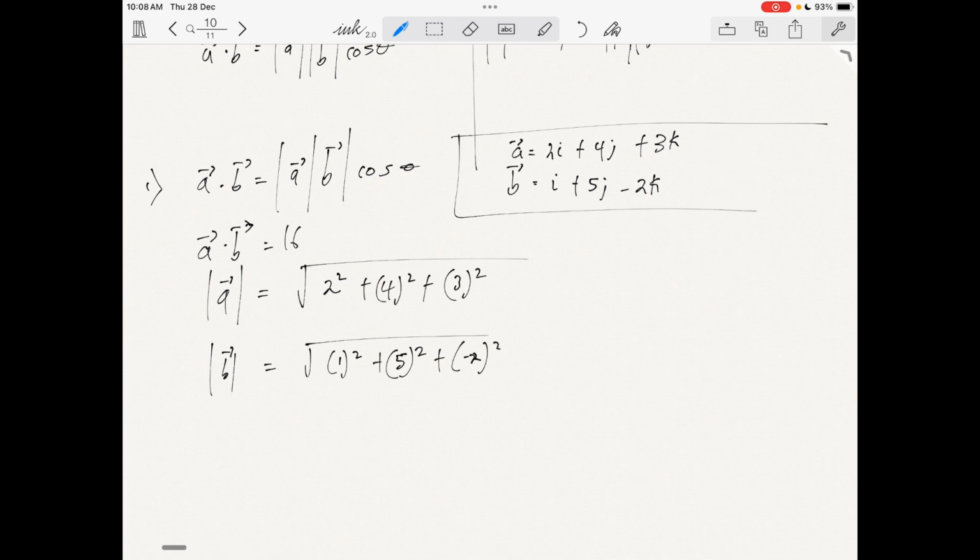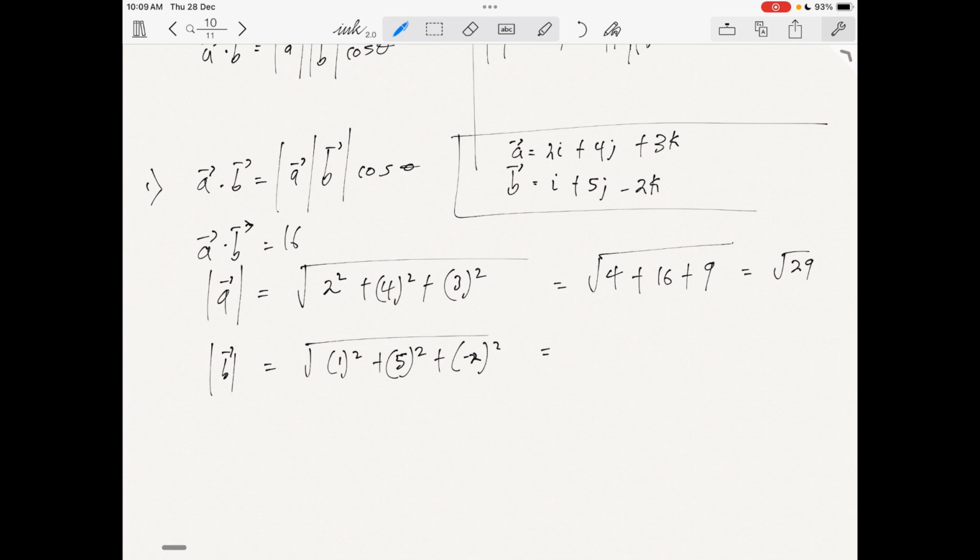Okay, and with respect to this, we'll have that this will give us the square root of 4 plus 16 plus 9, and that will be root 29.